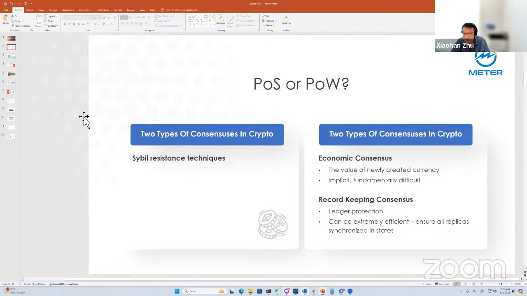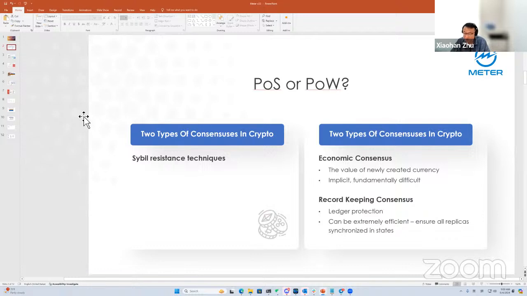So this type of consensus is typically implicit, and it is fundamentally very difficult to achieve. That's why proof of work requires so much cost in terms of electricity, capex and opex.